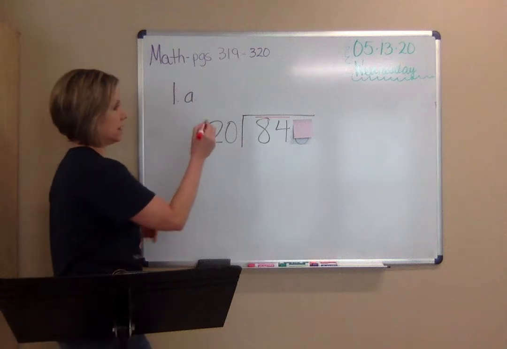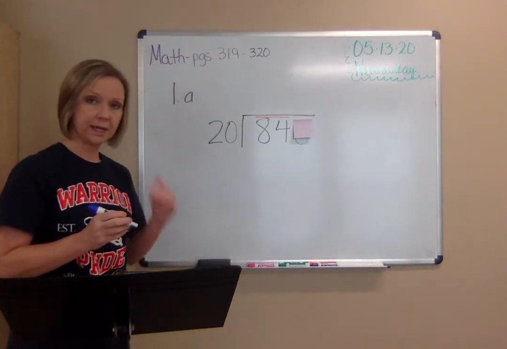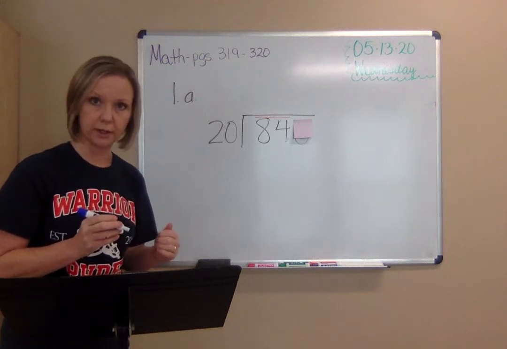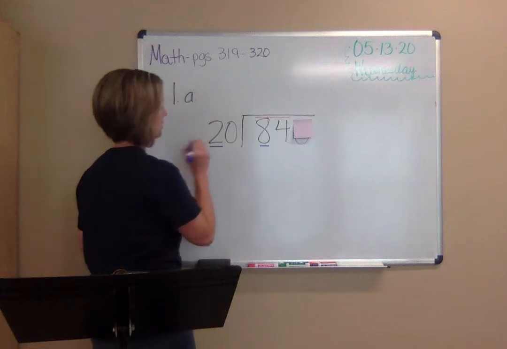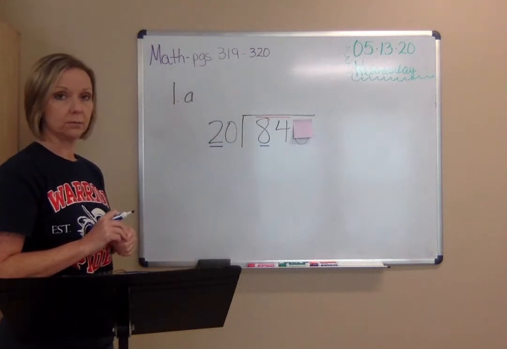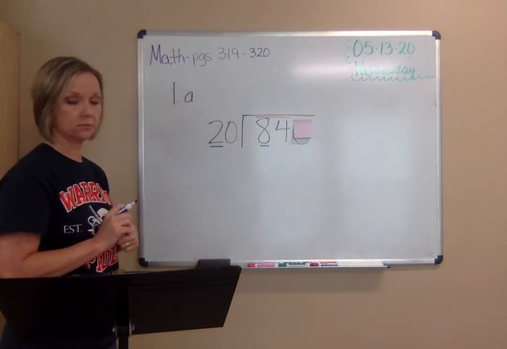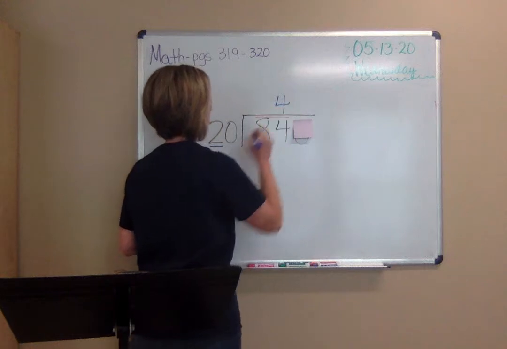So we're taking the whole number of 84 divided by 20. I want to take a shortcut: 8 divided by 2. How close can we get? What times 2 would give us 8? Perfect, a 4, exactly.